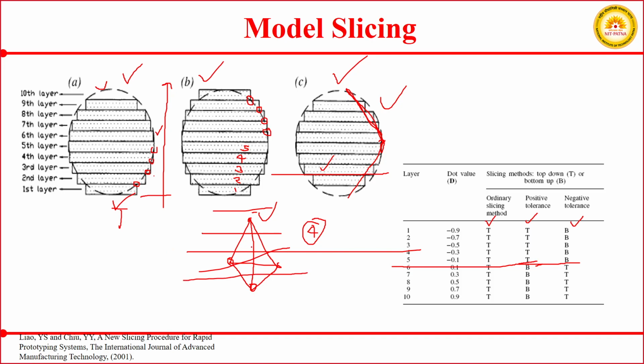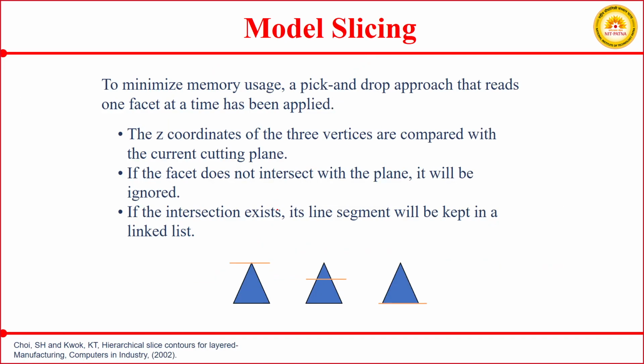So for any triangular surface, it may be below all vertices, above all vertices, or in between, it may cut one vertex on one side and the other two vertices on another side. So we are going to discuss how these facets are considered in which particular segment, whether it will be considered in the upper layer or lower layer.